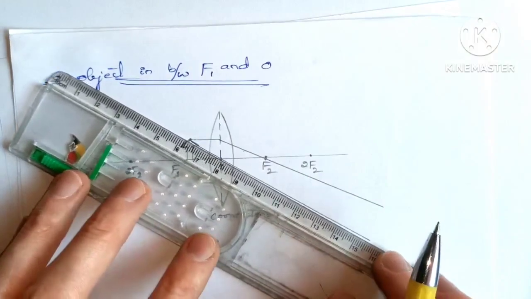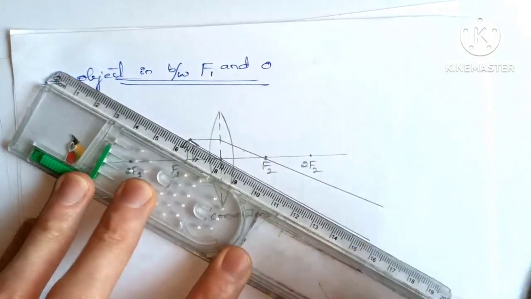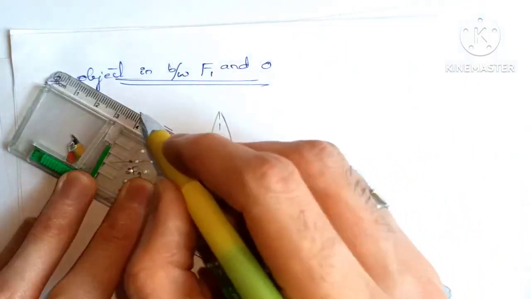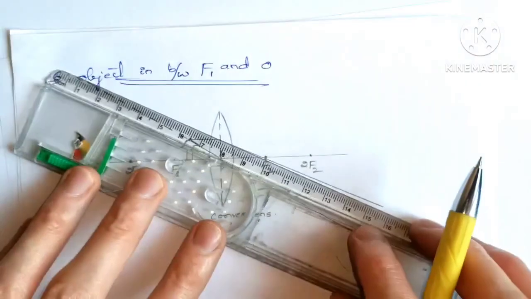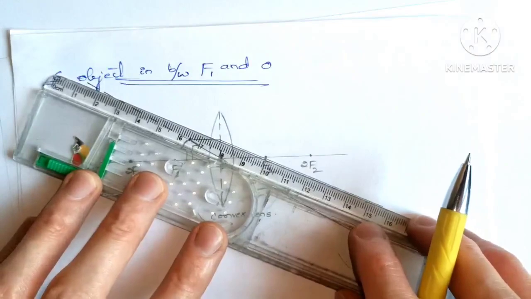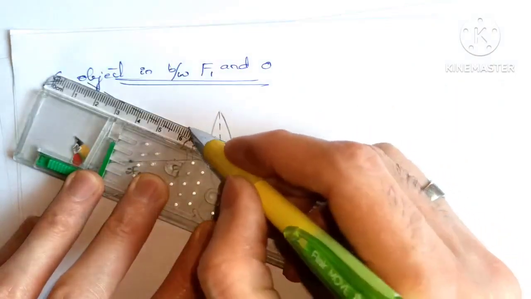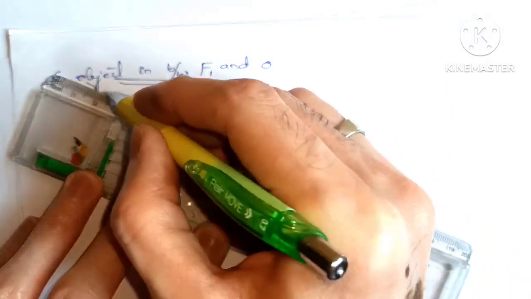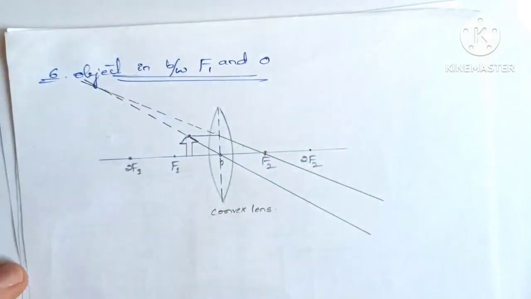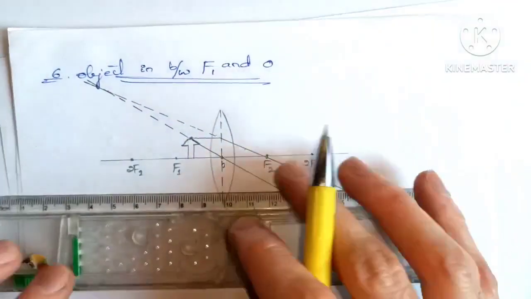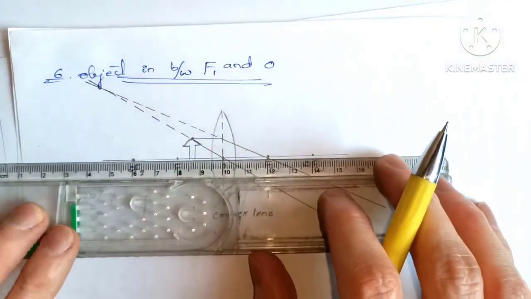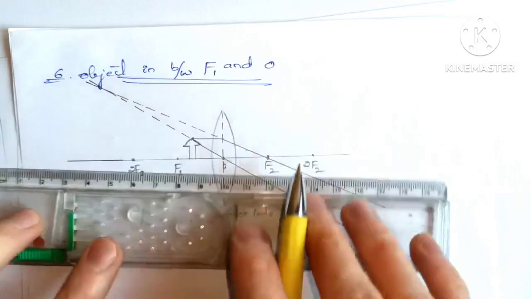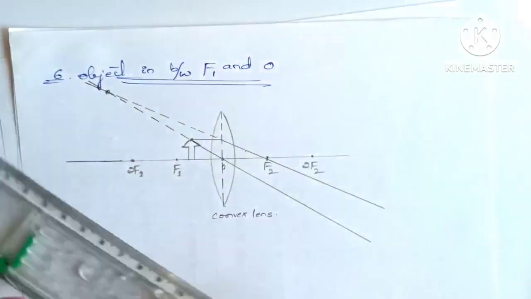See whatever line you have drawn, like this you keep the scale and thereafter you extend it. And now here this line also you keep like this and extend it towards the left side, because whenever you keep the object nearer the lens, it always gives a virtual and erect image. On the same side where you have kept the object, there only the image formation also takes place.